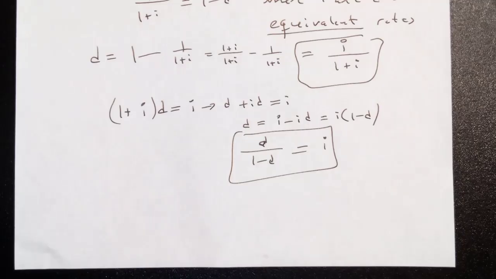You get 0.11111. 10 over 9, 11.11%. Perfect. That worked. So if I tell you the discount rate is 10%, somewhere in the paperwork, it better say the APR, the annual percentage rate effective, is 11.1%. Questions?